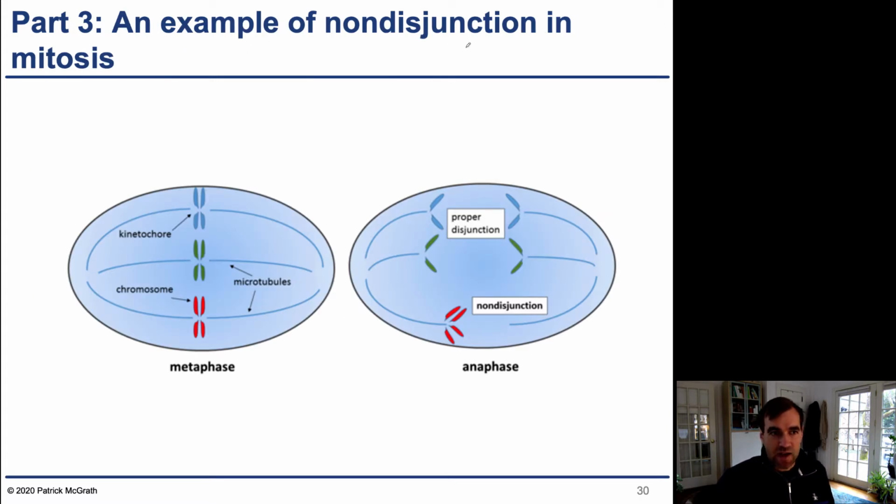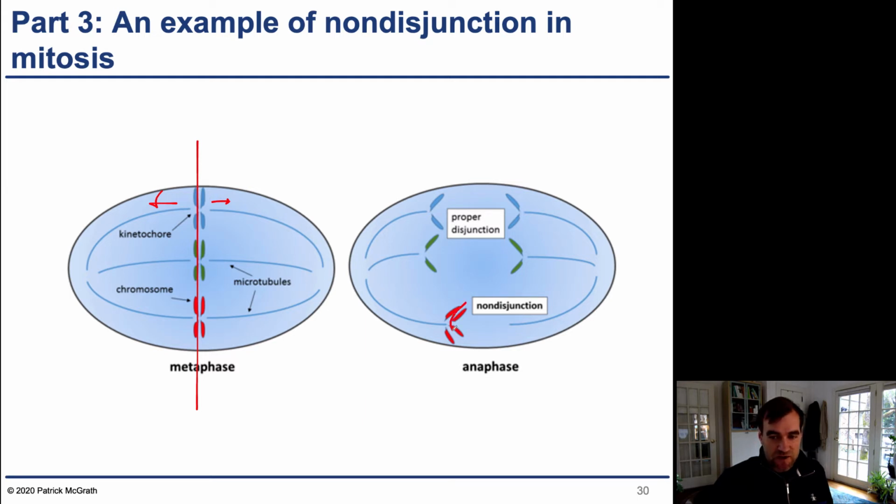So an example of nondisjunction, in mitosis, we must be looking at metaphase because all of the chromosomes have aligned at the midplane. And then during anaphase, we expect each of these to split to one side, so each cell will get one copy of each sister chromatid. So what happens if something goes wrong?